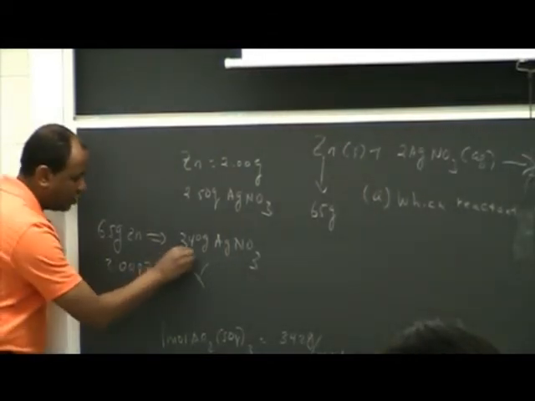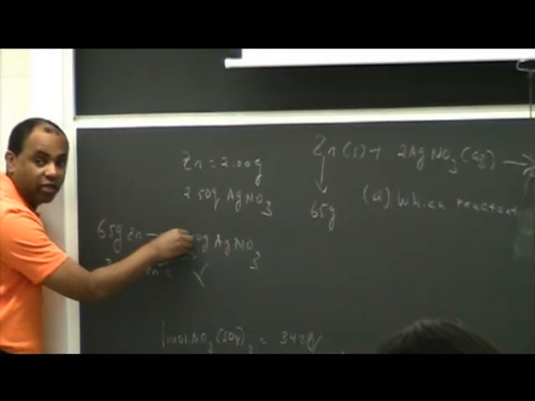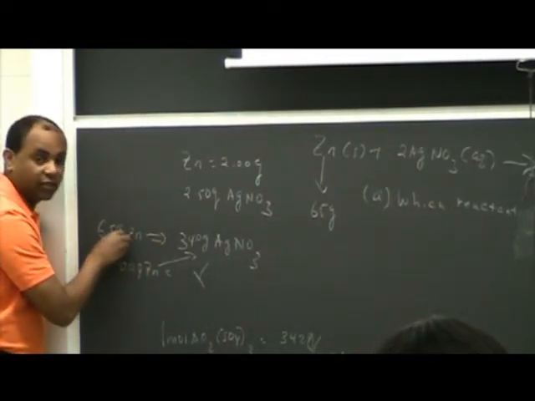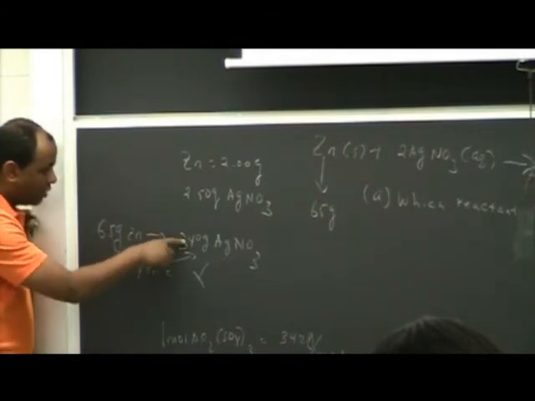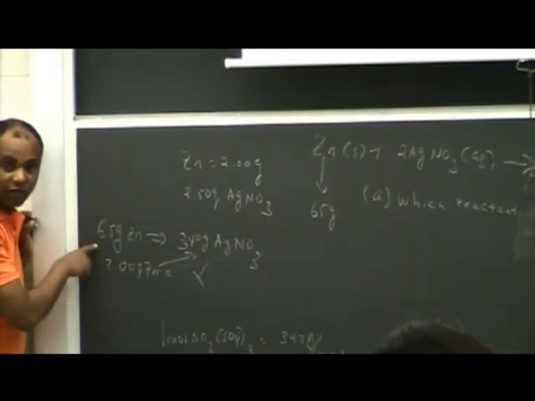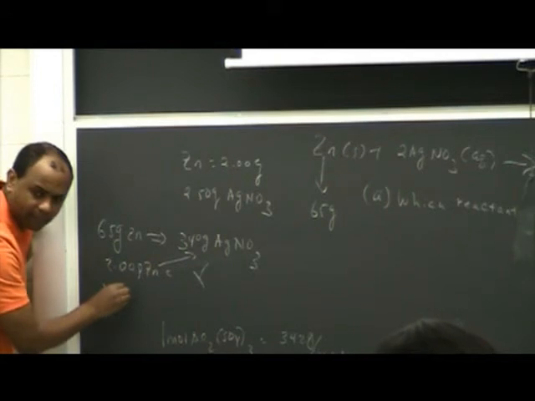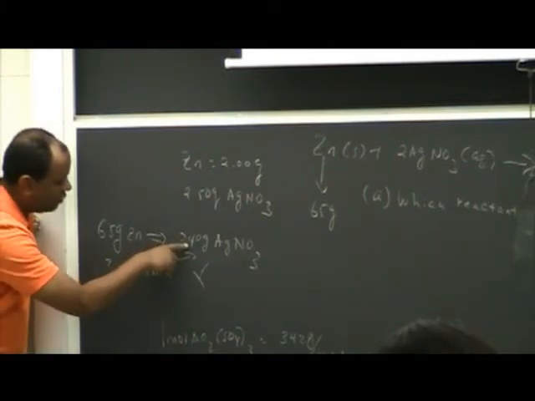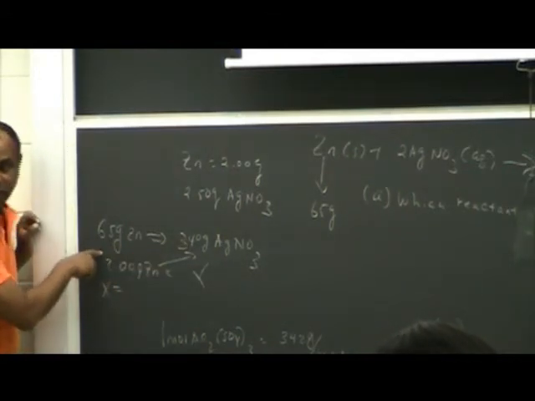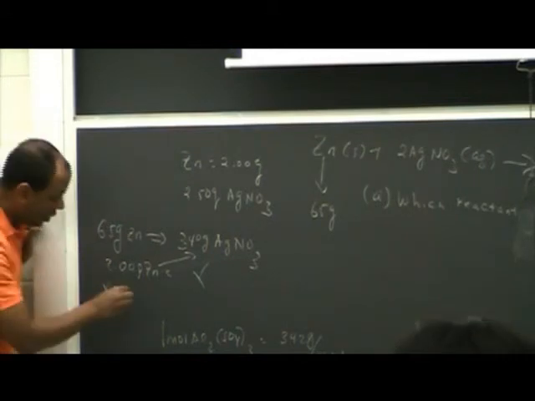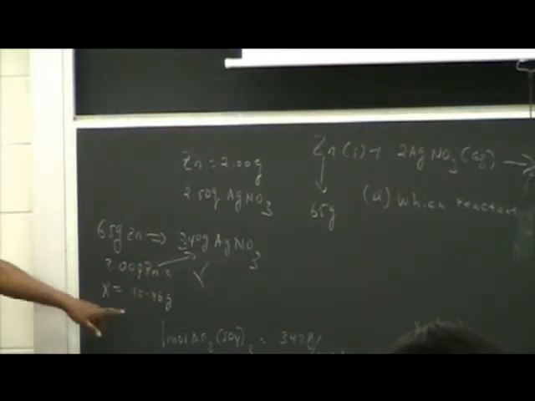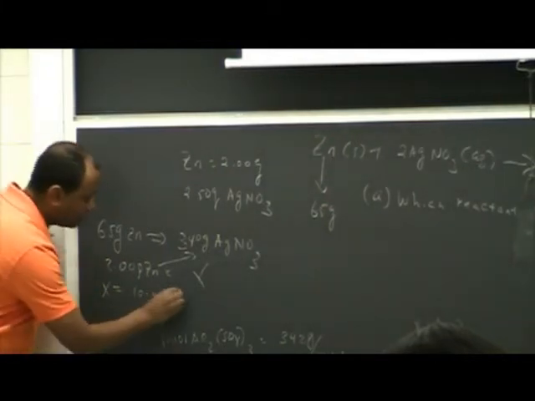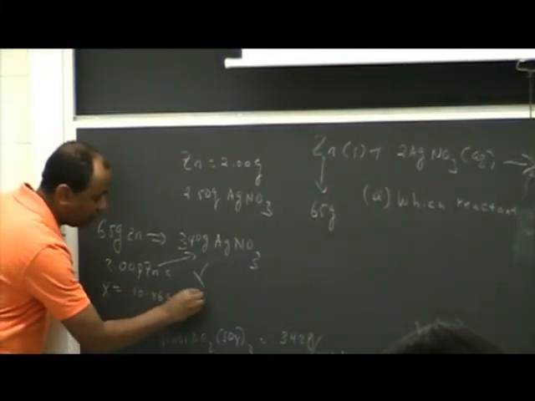So multiply 2 by 340, divide by 65. What do you get? 10.46. 10.46 grams of silver nitrate, right?